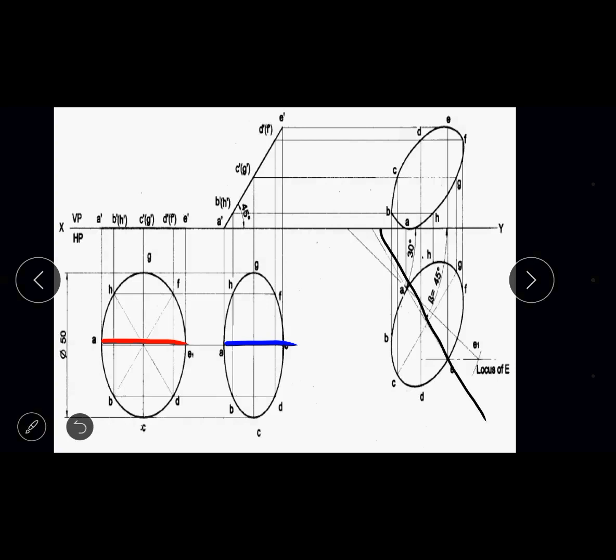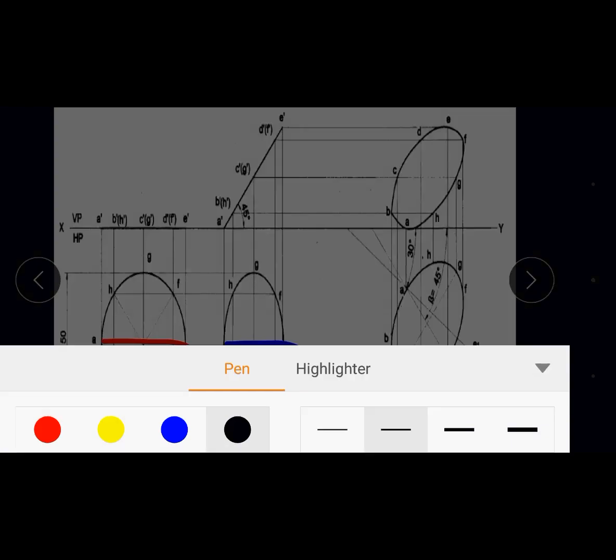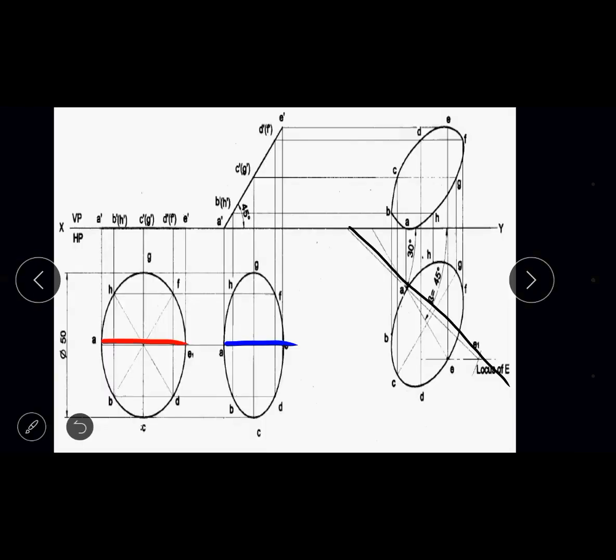This is the 30 degree line constructed. On the 30 degree line, the median AE1 is marked, that is the red line.